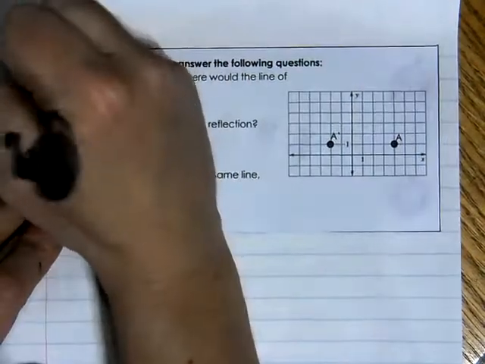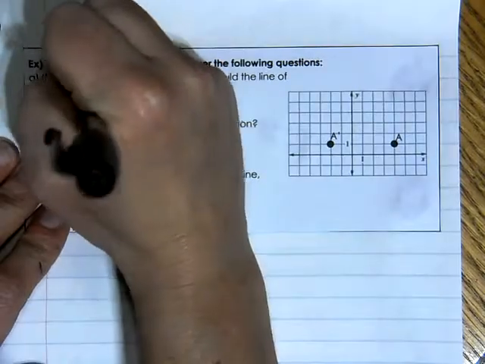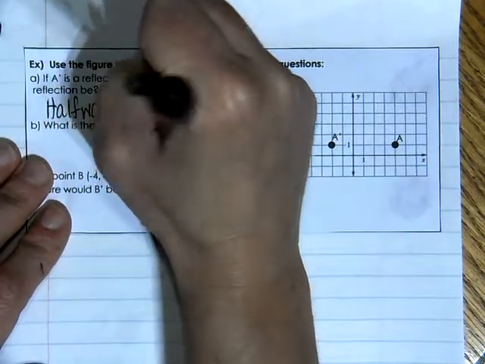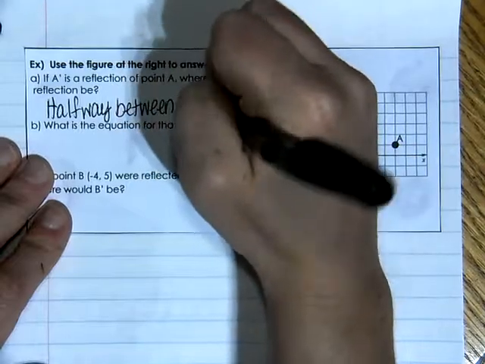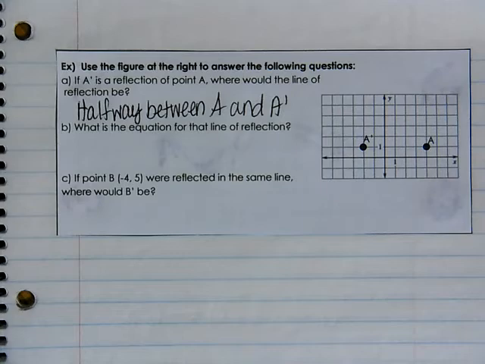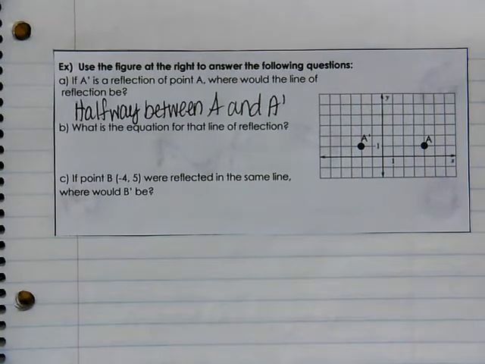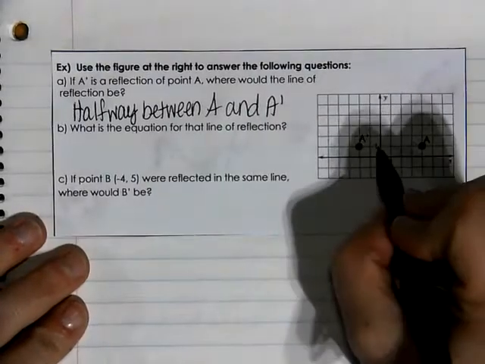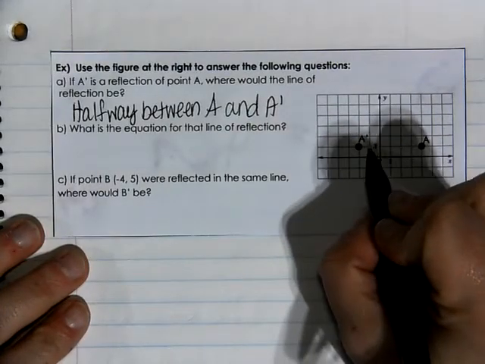It would have to be located halfway between point A and A prime. So what is the equation for that line of reflection? All right, let's go inside and see what we can come up with.